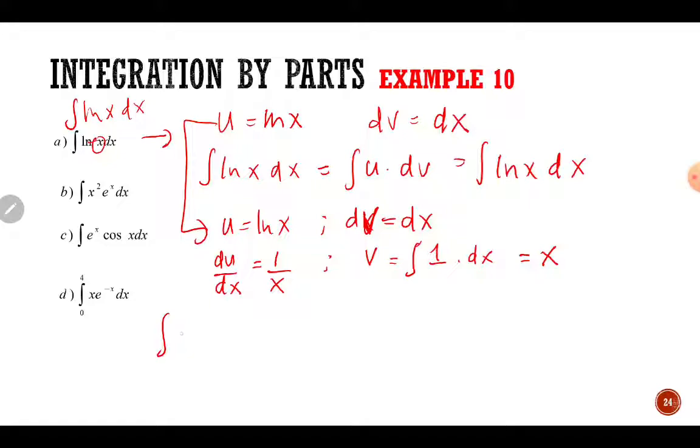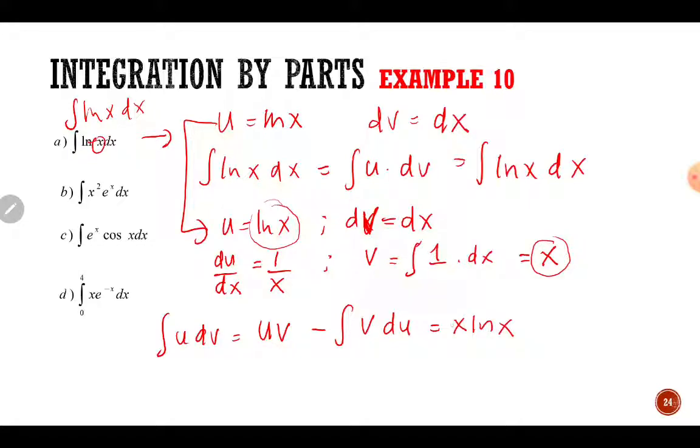So the integral of u dv equals uv minus the integral of v du, right? So u times v, where u is ln x and v is x, gives x ln x.